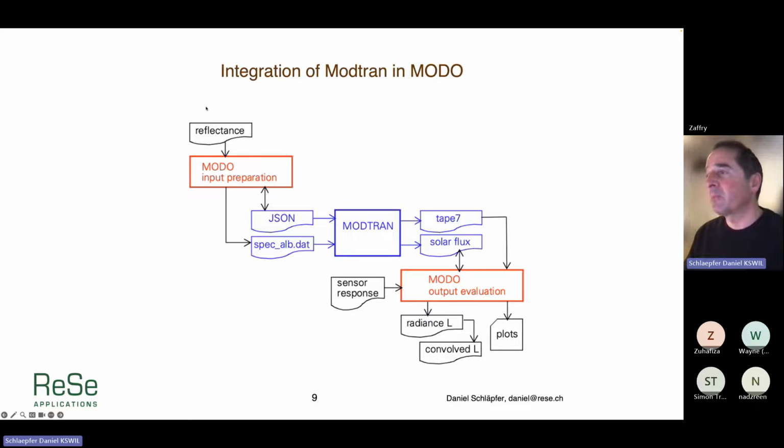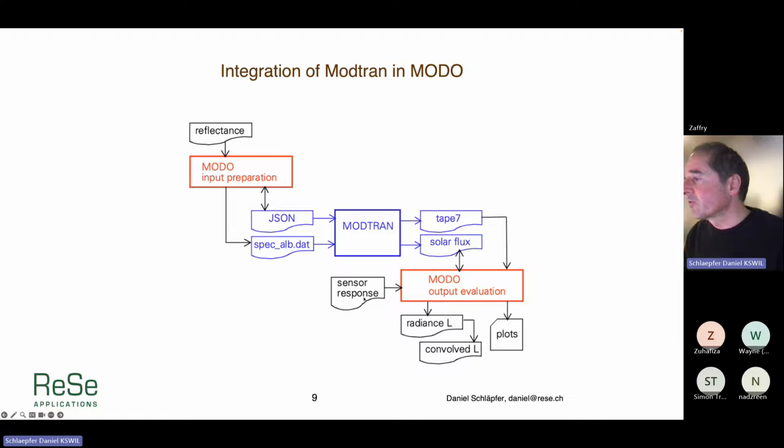We just prepare the inputs in MODO. We can input reflectances, create these input files to MODTRAN, let MODTRAN run by itself inside, and then we analyze what's coming out from MODTRAN. We also changed the units such that they're remote sensing units, and that's our part.